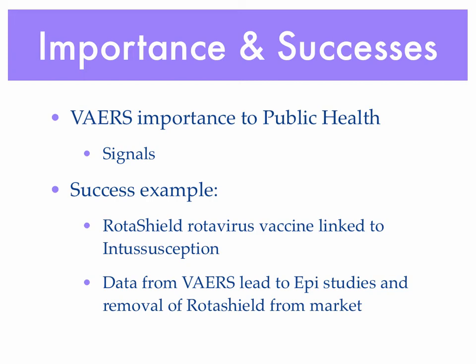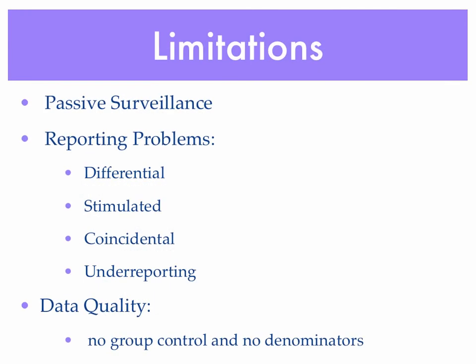So they were able to take data from VAERS, and then that led to epidemiological studies that confirmed an increased risk. And then these data contributed to the product's removal from the U.S. market. So I think this is a very good and clear example of how VAERS proved their involvement actually in the prevention of disease.